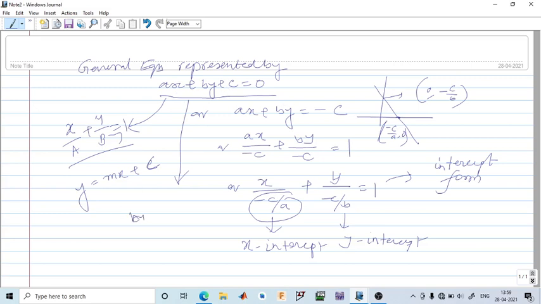So by equals to minus c minus ax, or y is minus c over b minus a over b times x. If we compare with y equals to mx plus c, we will get m is minus a over b. This is the slope, and the constant is minus c over b.